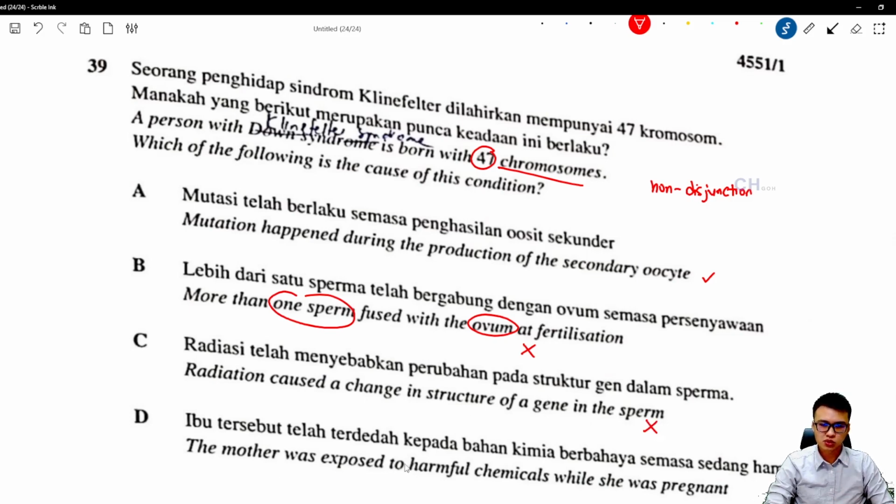The mother was exposed to harmful chemicals while pregnant? This one also no. The answer should be A. If mutation happens in the production of secondary oocyte, maybe the secondary oocyte has one extra chromosome or one less chromosome. That is the main idea. So the answer should be A.